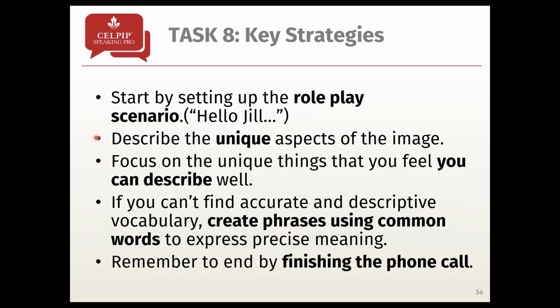So you don't have to describe everything that's unique, but pick the things that you're a little more comfortable with and try to describe them. Use your imagination if you need to. As I already mentioned, if you can't find accurate and descriptive vocabulary, create your own phrases using common words. And don't forget to end that phone call at the end.